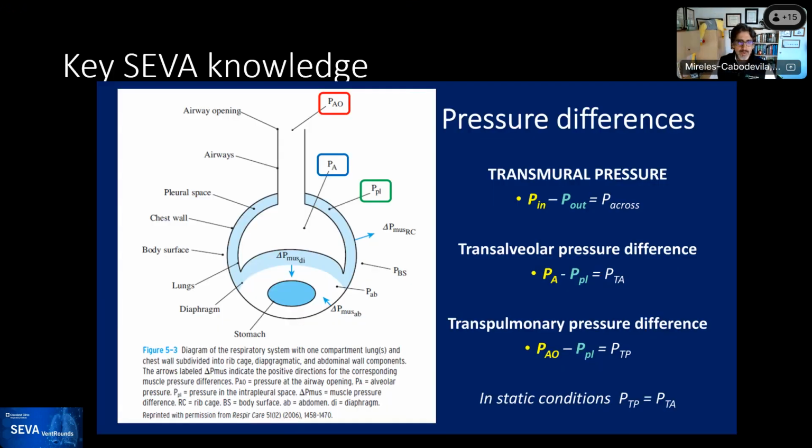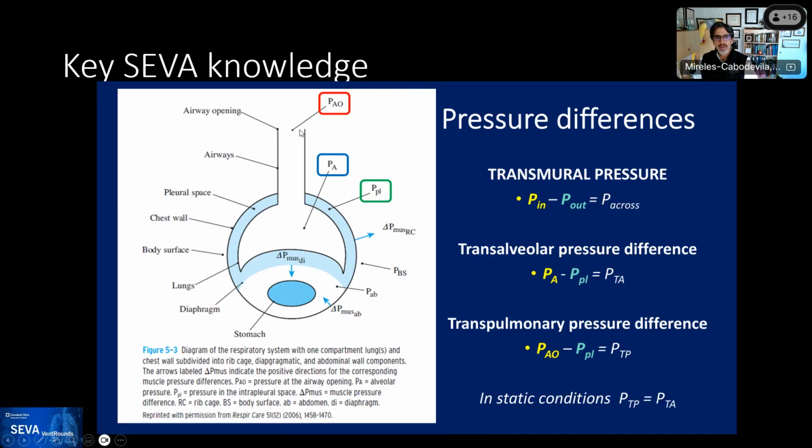So just from the SEVA knowledge perspective, I would like to highlight this cartoon that Rob did years ago. It highlights the respiratory system with the respiratory airways, and then this space which represents all the alveoli.